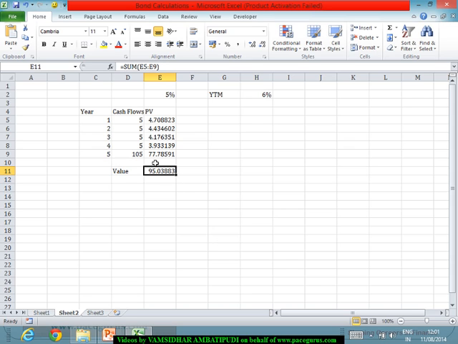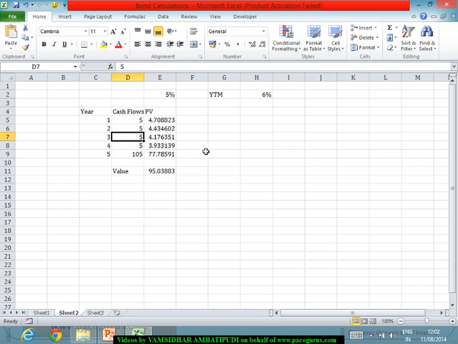Now here we are seeing that 105 is received after 5 years, 5 is coming after 4 years, 5 is coming after 3 years. Now I want to know the approximate or average time period for receiving all these cash flows. Probably 5 is coming after 1 year, 5 after 2 years.